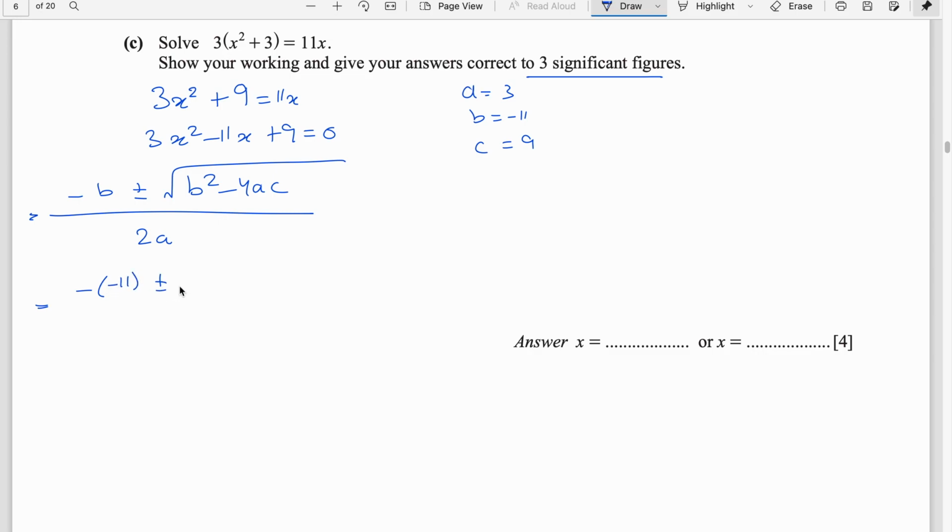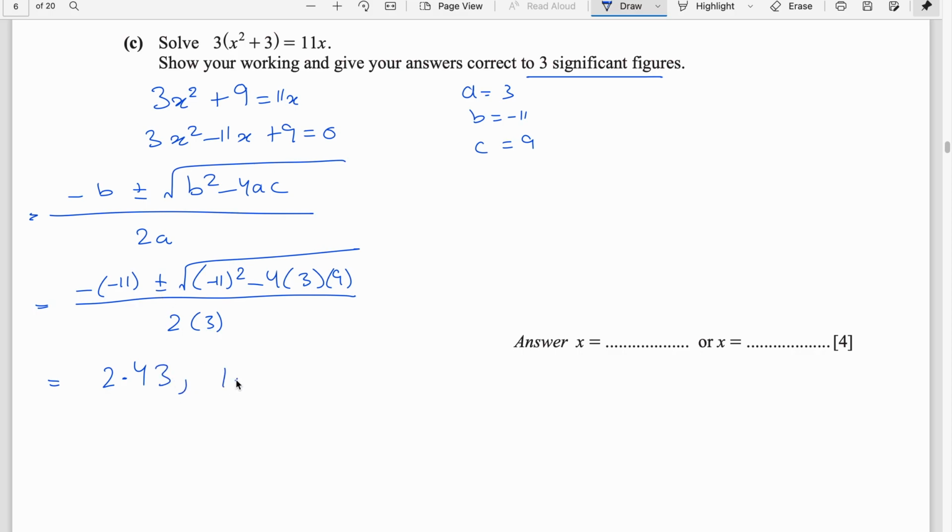With the positive sign you get 2.43 and with the negative sign you get 1.23 up to 3 significant figures.